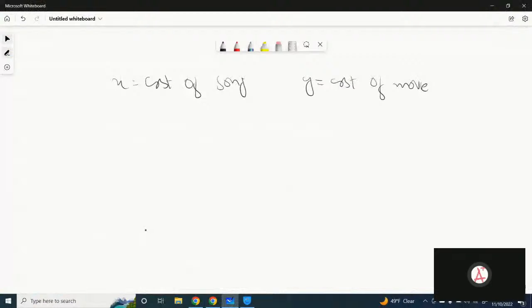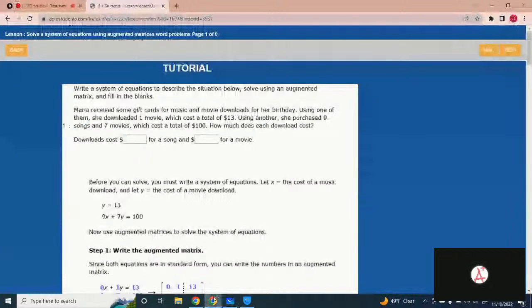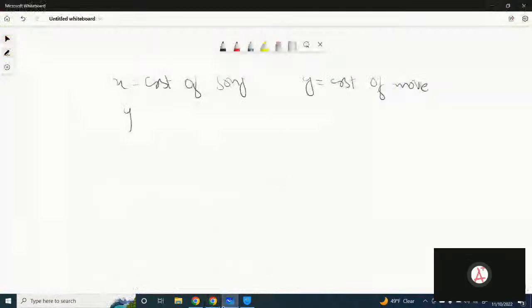Equation number one: using one of them, she downloaded one movie which cost a total of 13. That means for the first time, she didn't download any song, just a movie. So one movie, y represents the movie, so y equals 13. She didn't download any song for the first one.